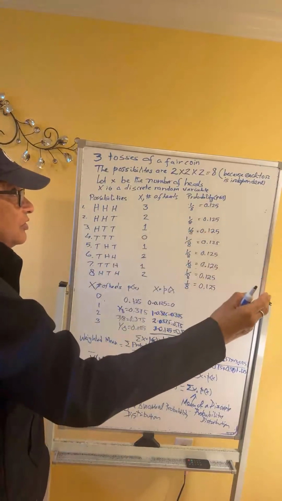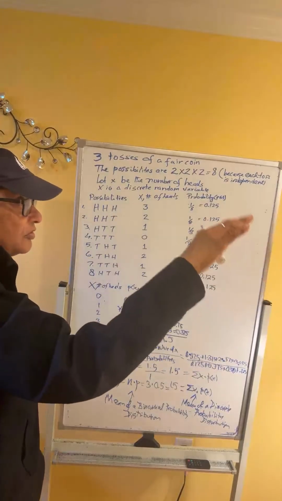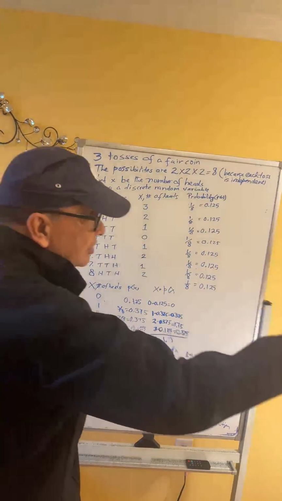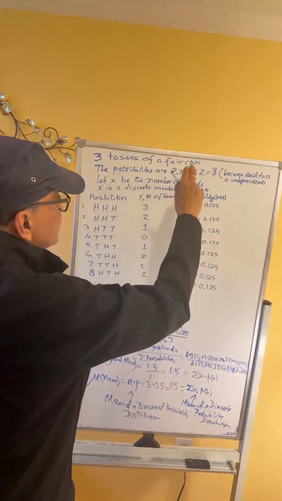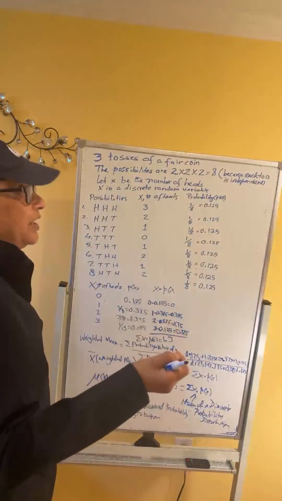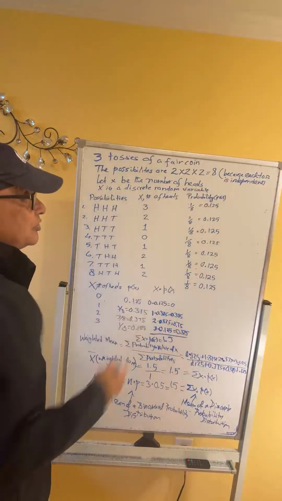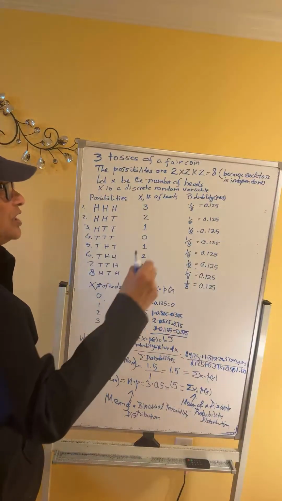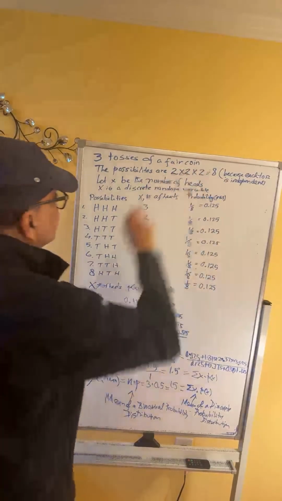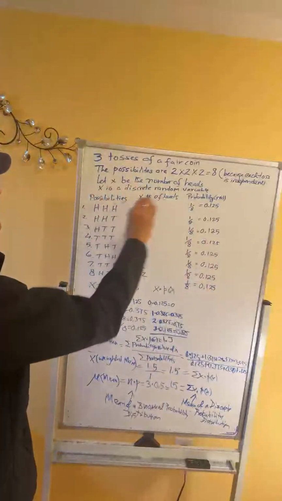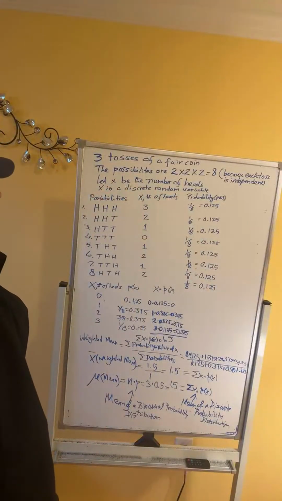Now we toss the coin a second time, again we have 2 possibilities, head or tail. And the third time, head or tail, again 2 possibilities. Now each of these tosses is independent. So the total number of possibilities is 2 times 2 times 2, coming from 3 tosses of a fair coin, which is 8.